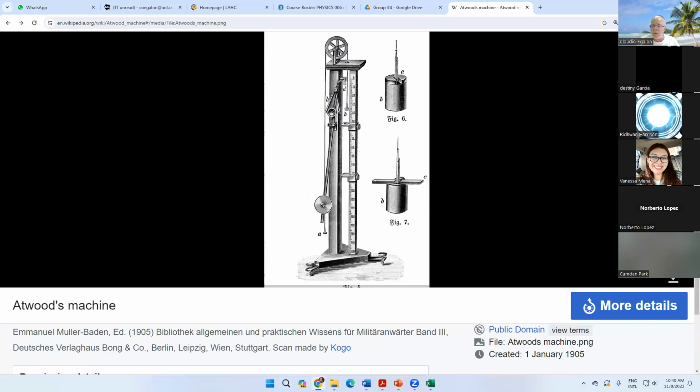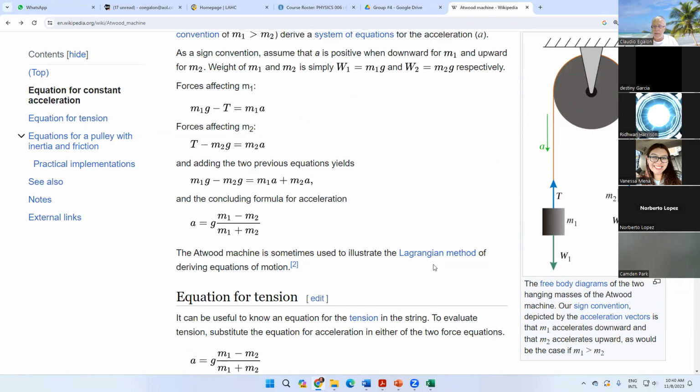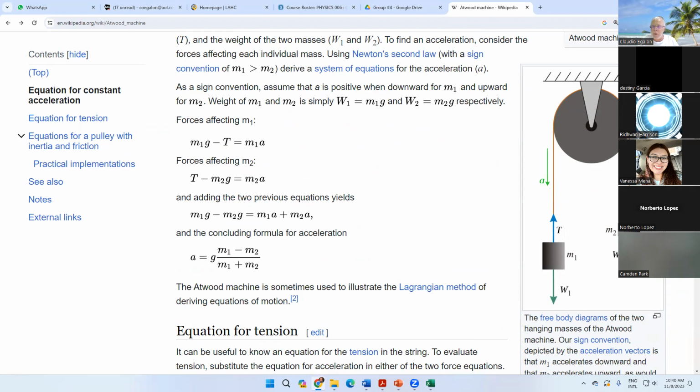And here's the simplest configuration of the Atwood machine. It is made of a suspended pulley and two masses attached by a string.